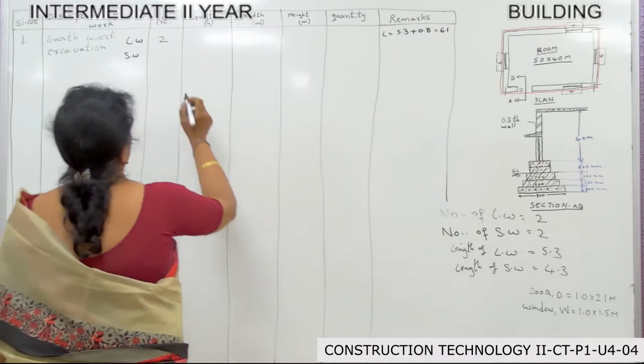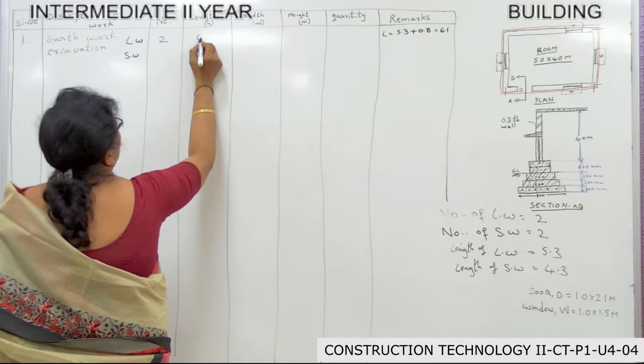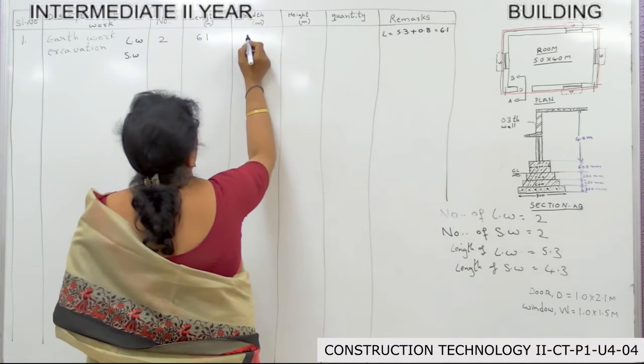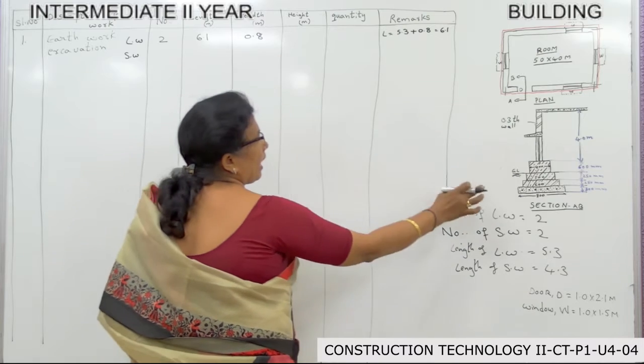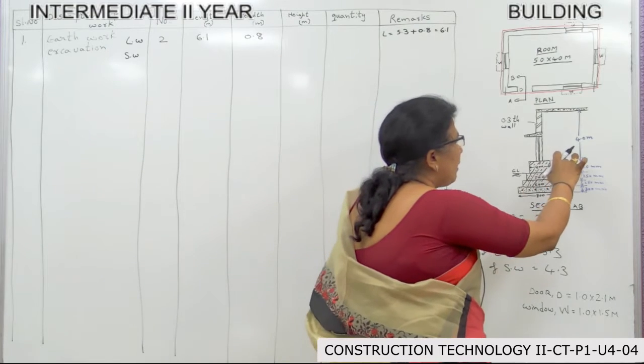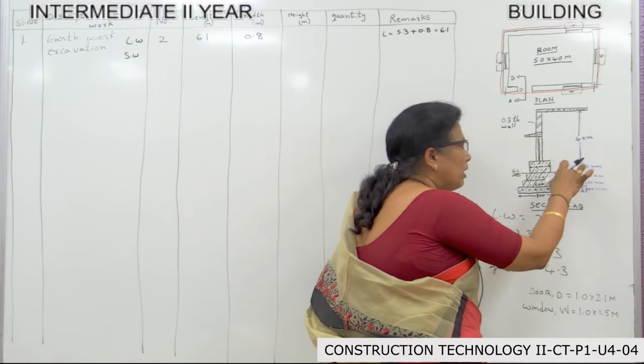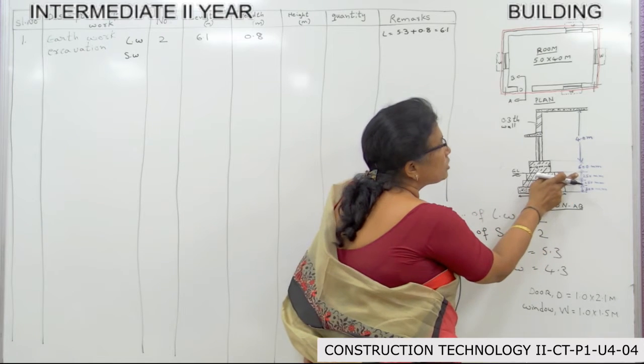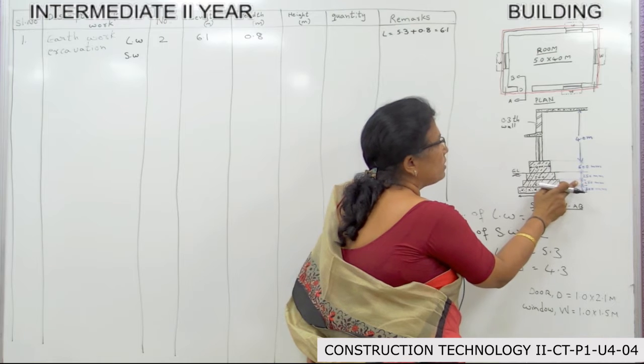This is 6.1. So length of the long wall is 6.1 and breadth is 0.8. Height, the depth, is whatever is below the ground level that you need to excavate.